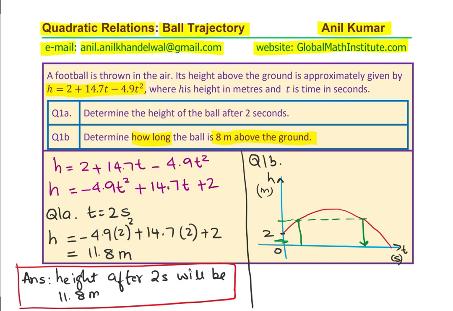We have to figure out what these times are, right? So let's call these times T1 and T2. So the duration is from T1 to T2. That is how you have to write down the answer. You get the idea. I hope you have understood what we need to do.